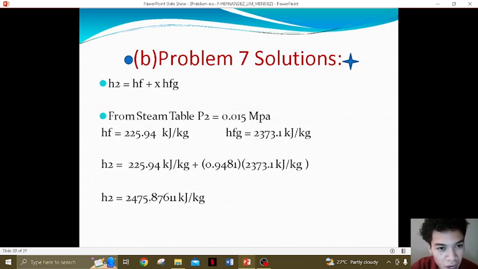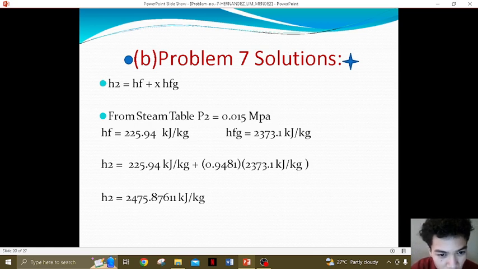So H2 is equal to HF plus the dryness fraction times HFG. So from the steam table, P2 is equal to 0.015 MPa. You have your HF of 225.94 kJ/kg, HFG of 2373.1 kJ/kg.